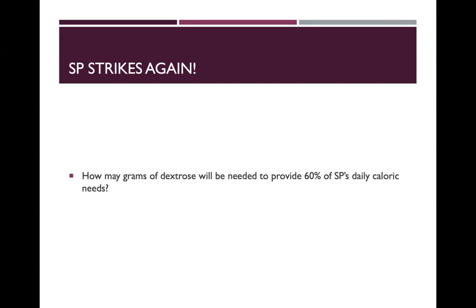How many grams is that? 1145. 1145. Okay. Grams or calories? Calories, because it's 1909, and then you're taking 60% of that. Okay, so that's good, but the question is asking again, grams, not calories.